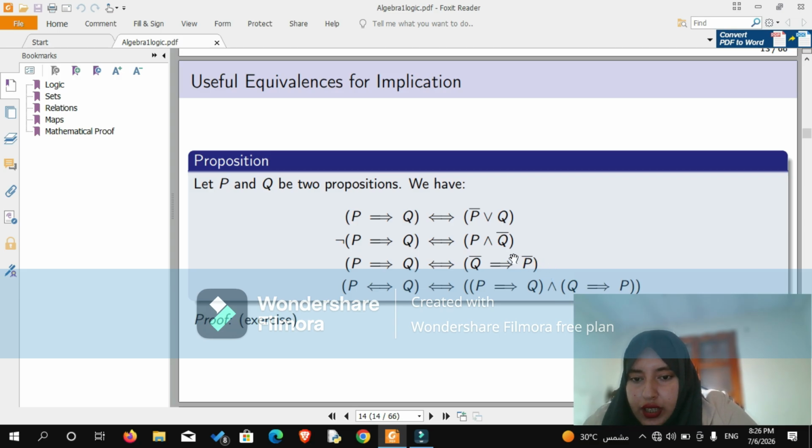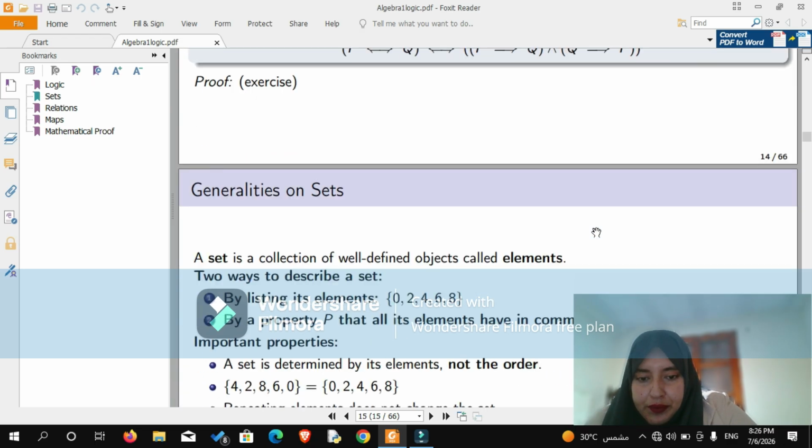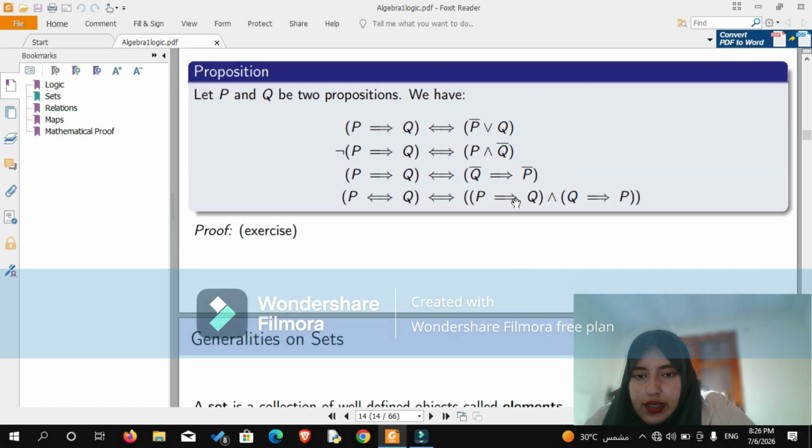This is very useful because when we talk about mathematical proofs, we will go through a type of proof that uses this proposition. P is equivalent to Q means that P implies Q and Q implies P, so it goes both ways.